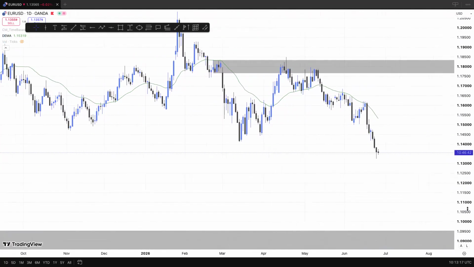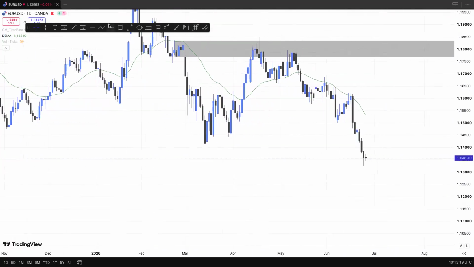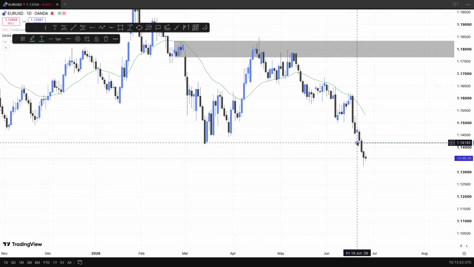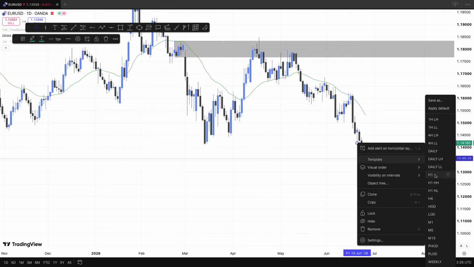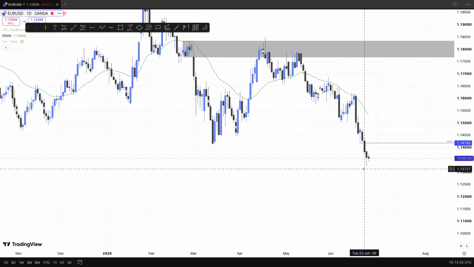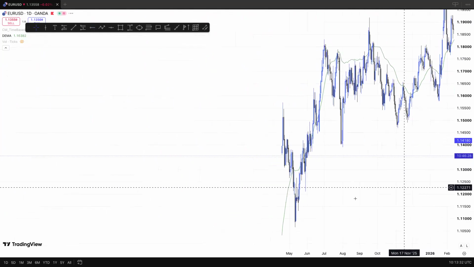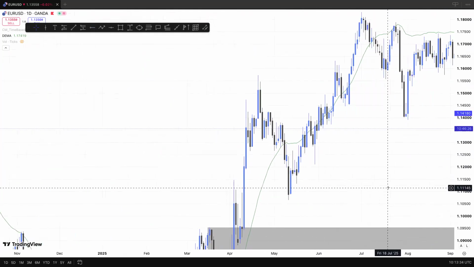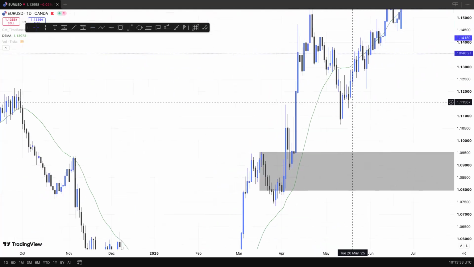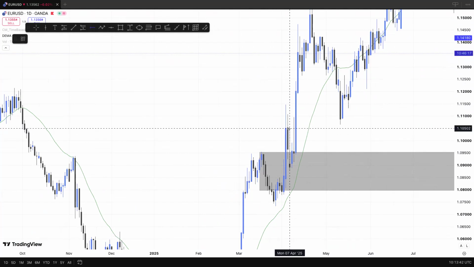On the daily time frame, we have the supply right here. And the next demand for the daily time frame is likely to be this demand right here.